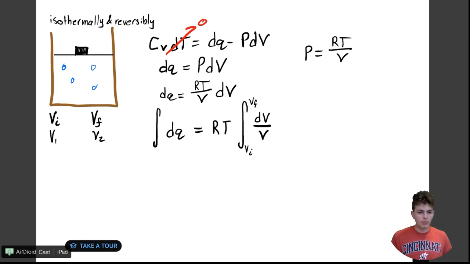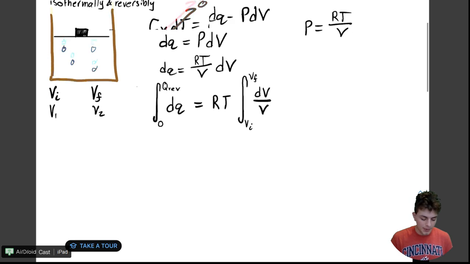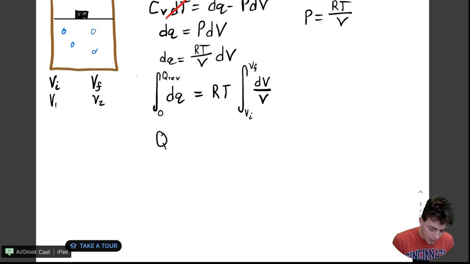However, what we are trying to define here is some sort of relationship between the heat and the volume of the system. And so we can go ahead and set it at, we'll start our initial heat at 0. We have 0 heat added at the initial state. And then we want to go ahead and define some sort of Q, or final heat added to the system. I'm going to go ahead and call this Q reversible, since it's for a reversible isothermal process. Now, integrating both sides, we will be left with the following.